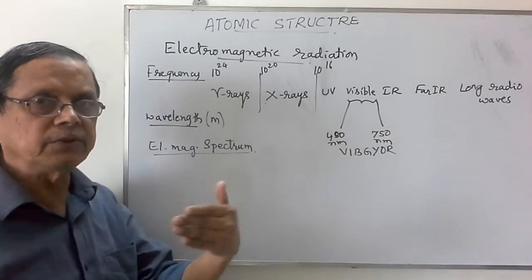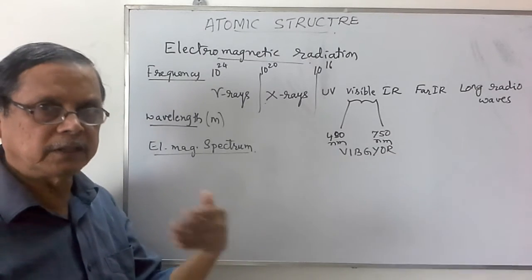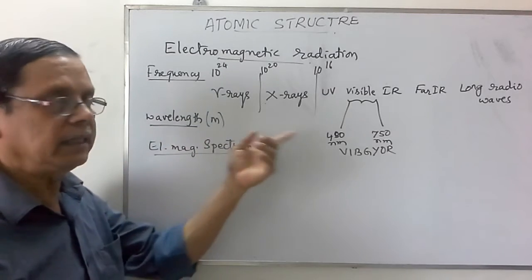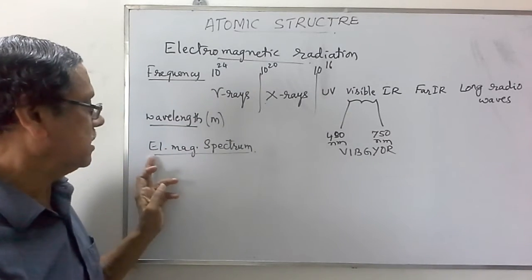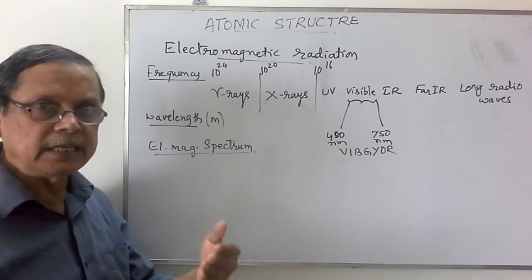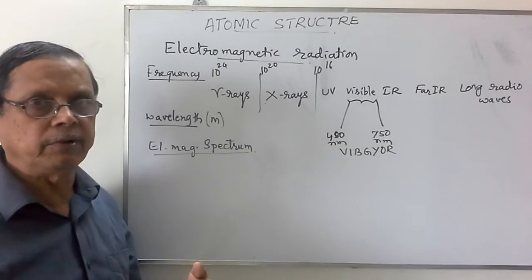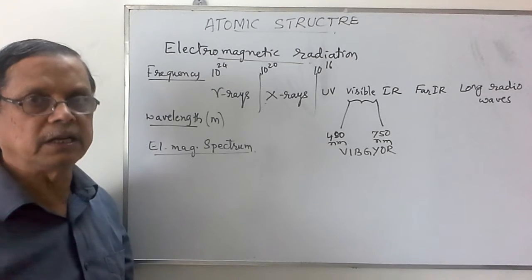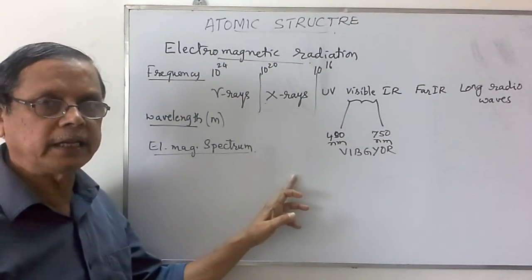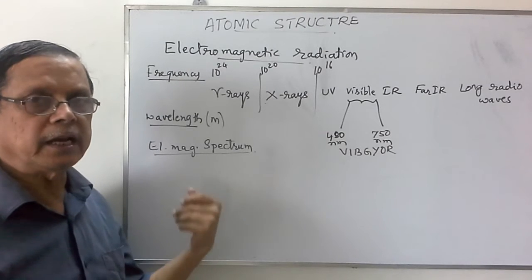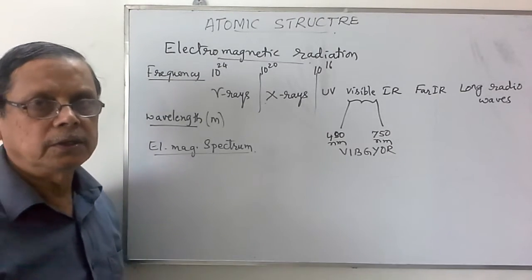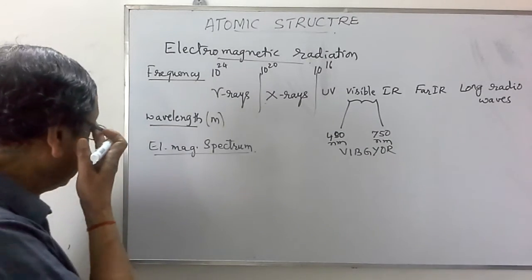Such a continuous arrangement of the frequency in decreasing order, or the wavelength in increasing order, is considered the electromagnetic spectrum. The series of frequencies or wavelengths arranged in increasing or decreasing order of their values is named the electromagnetic spectrum. We can get this by subjecting any radiation to a particular dispersion.